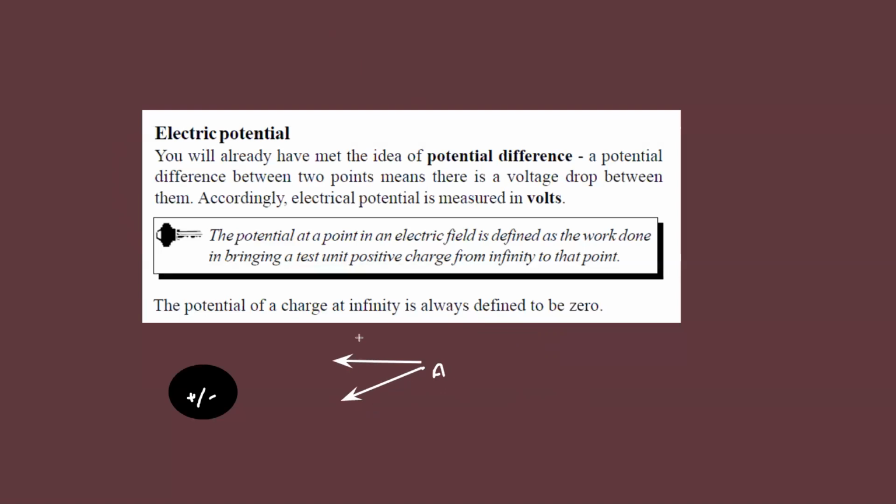Many points are there where I'm doing work of 30 joules. When I join these points where the same work is done, that line is known as equipotential. Equi means same and potential means voltage. So that line refers to the equipotential surface.